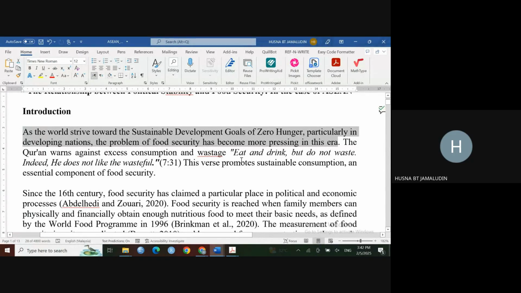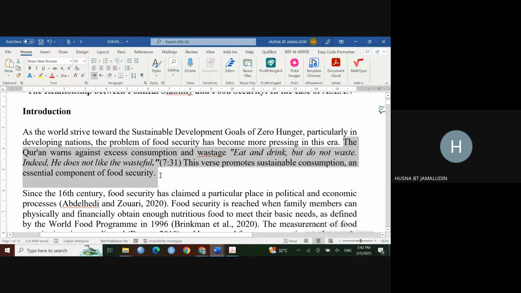Okay, so next, you are saying that we have problems of food security, especially in developing nations, right? But in the next paragraph, remember, we are assuming that you will give data. Instead, you are talking about how the Quran warns against excess consumption and wastage.